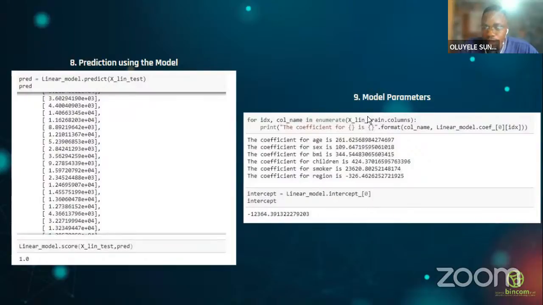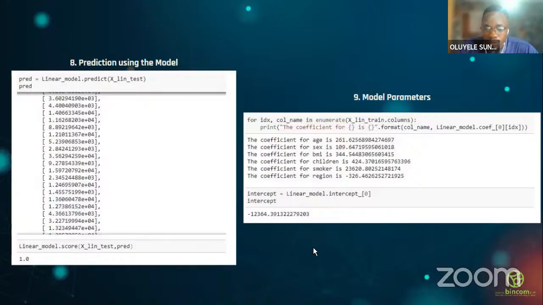This part is the parameters of the model. We see the coefficient for age and all that. We can try to fine tune, but since we have a good model that has predicted very well, there's no point trying to tune the parameters.